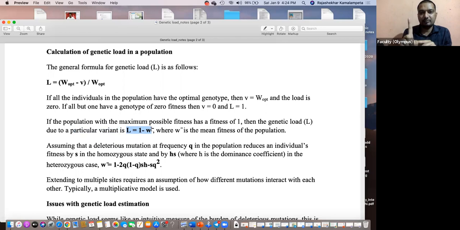So one is the maximum fitness. W max is the optimal fitness. So 1 minus W bar is the load. If you are given numbers like the average fitness of a population, you can calculate. Let's say the average fitness of the population is 0.4. What is the load?